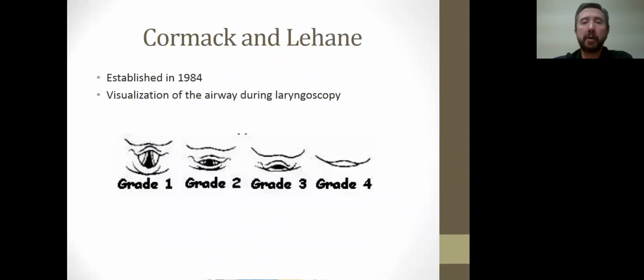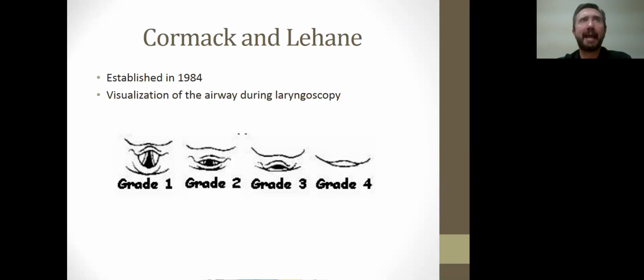So here's another good tool for assessment and identifying a difficult airway as well. This has more of an advantage than the Mallampati score. The Cormack and Lehane can be done when a patient's unconscious as well. Of course, grade 1 is the visualization of the entire glottic opening.